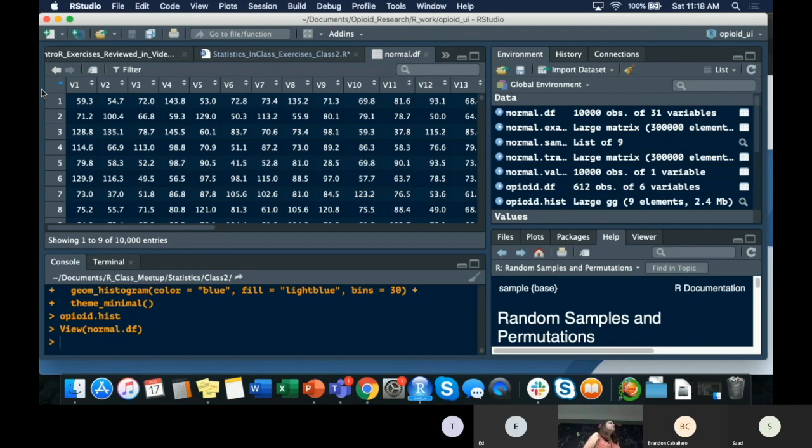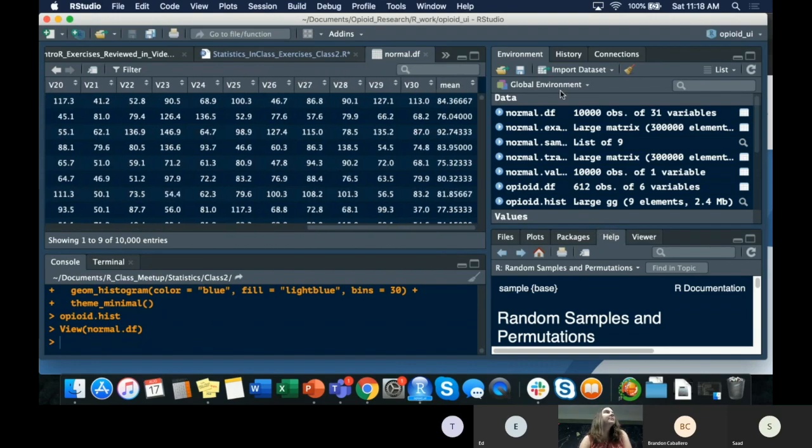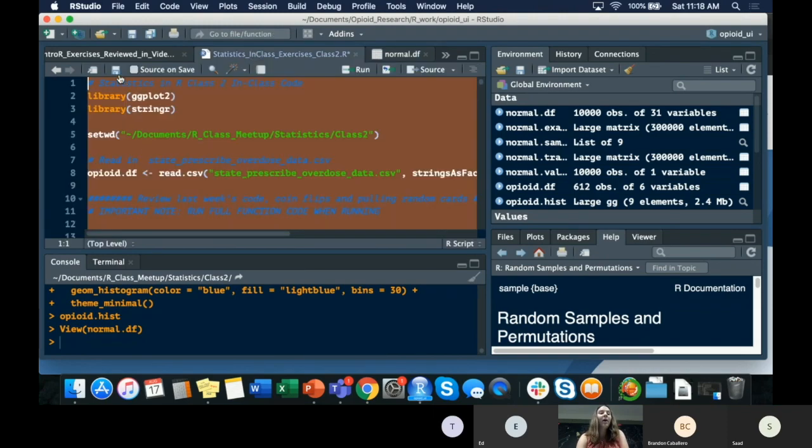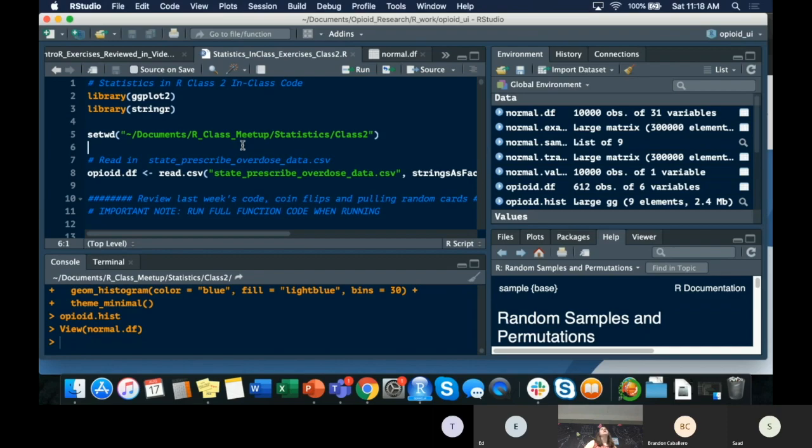Go ahead. It says on the data panel, 1,000 observations of 31 variables. Or yes, 10,000 observations. Doesn't the 31 need to be 30? Remember, the mean is at the end. Okay, yeah, so you have to do a row mean. Honestly, I had never used a row mean before, but I Googled it and found it.